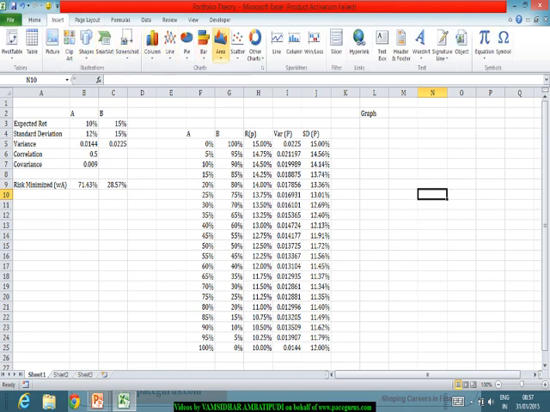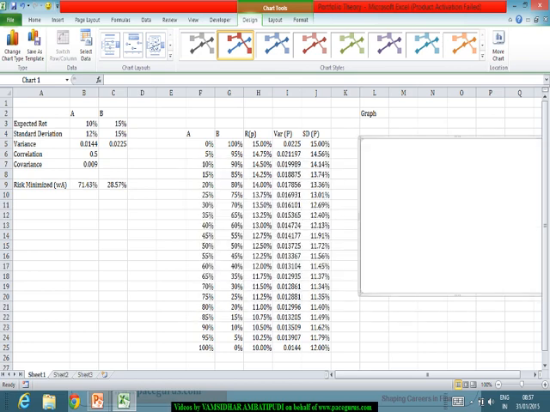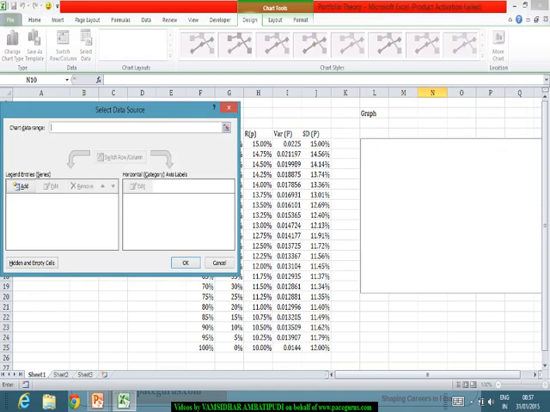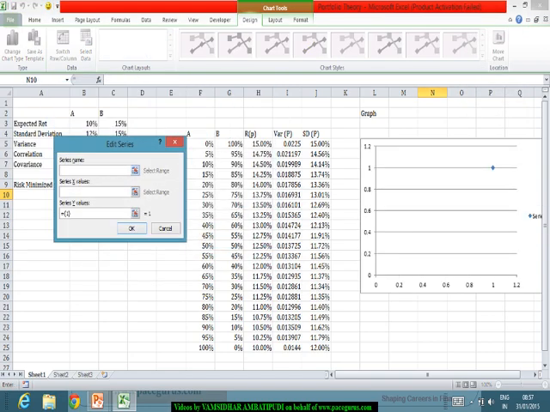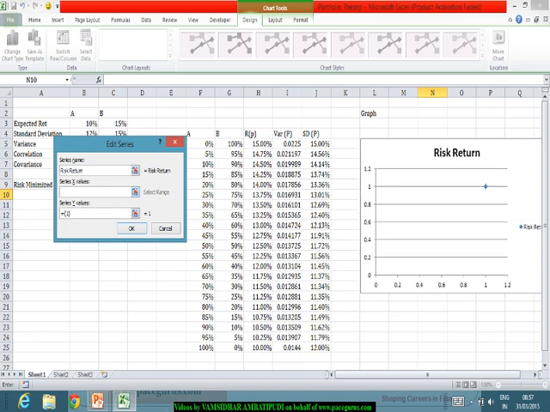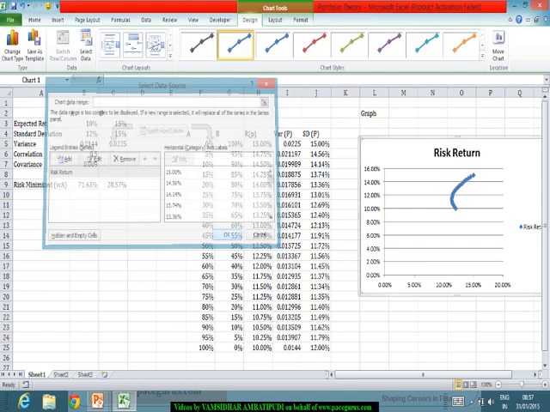I'll insert a simple scatter plot. I call this the risk return graph. I take the standard deviations on the x-axis and the expected returns on the y-axis. Now you see what has occurred.